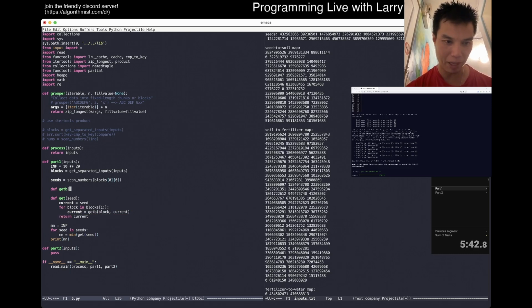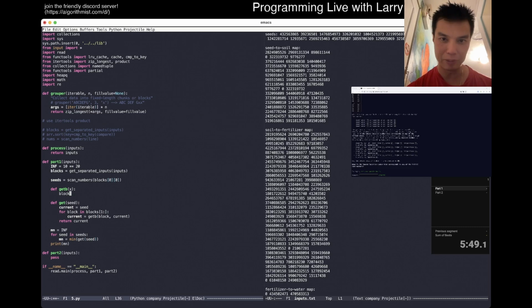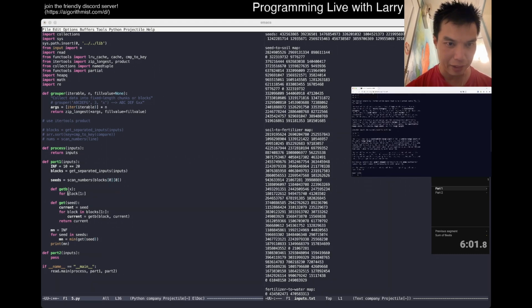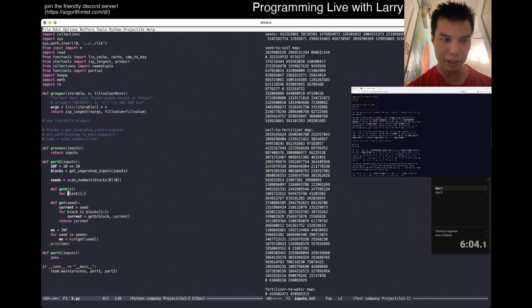Okay. For each block, we have an input, and then now we ignore the first part, and then now we go for the second part, right? For x, destination, source, range. Range is a thing, so okay, fine.